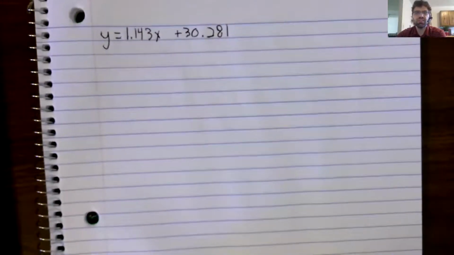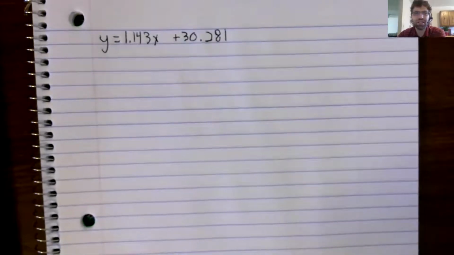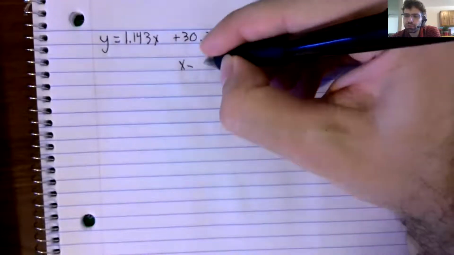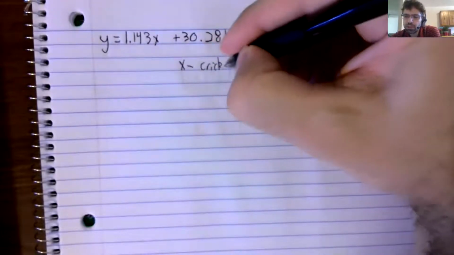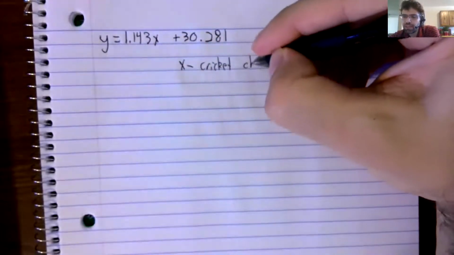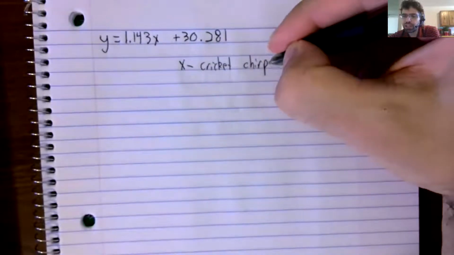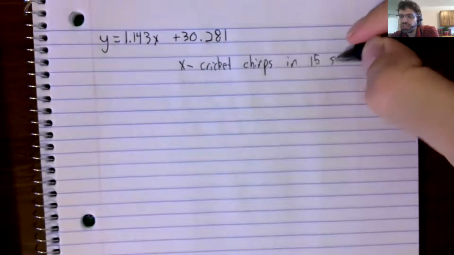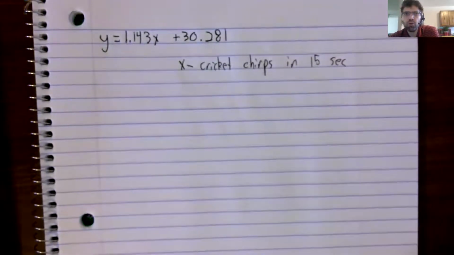So this is still the cricket data, the same example all the way through. X is the number of cricket chirps in a 15-second interval.